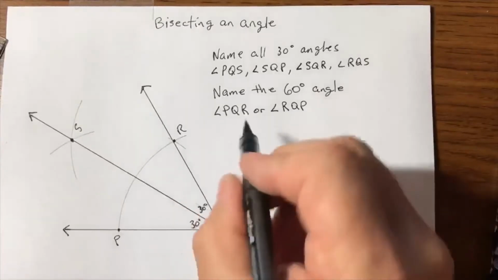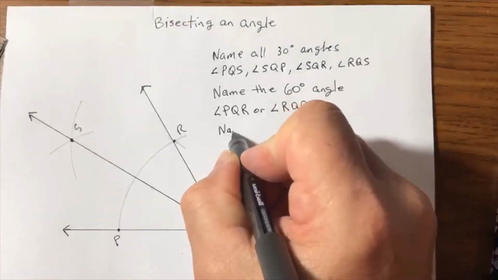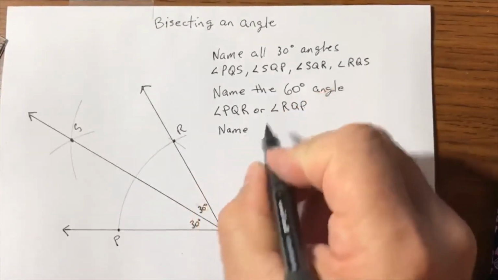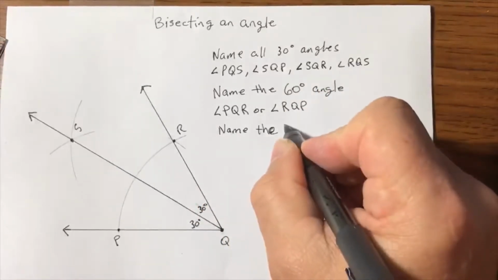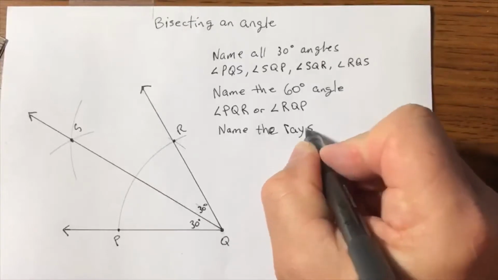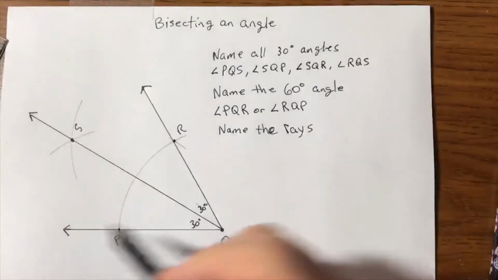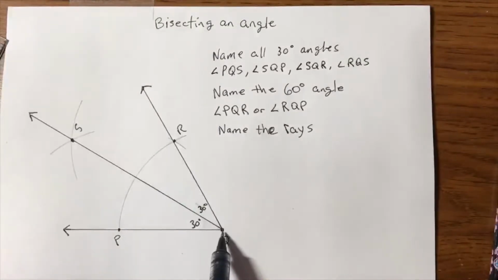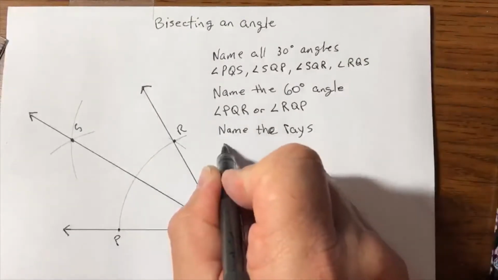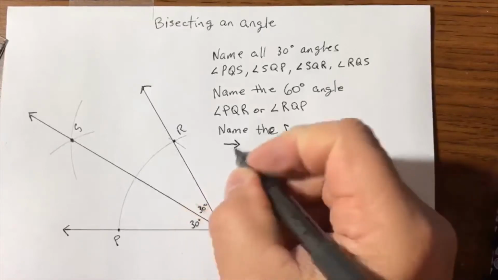Alright, so let's name the rays. Let's get in the habit of naming as much as we can. Name the rays. Alright, so you should see 3 rays. So QP with this symbol, QP.